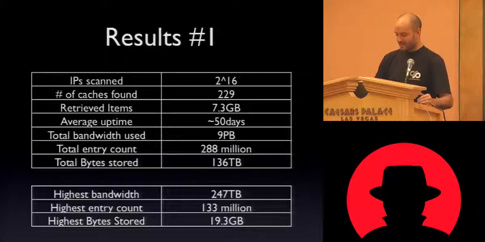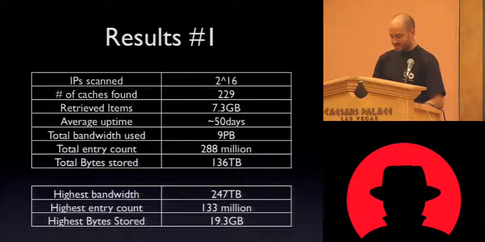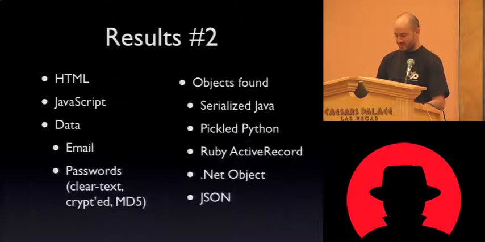But I guess the high scores are more interesting for our purposes. One cache had done 247 terabytes of data over the network. But there was another cache that had 133 million objects in it, which was almost half the total. Highest number of bytes, 19.5 gigs or so.